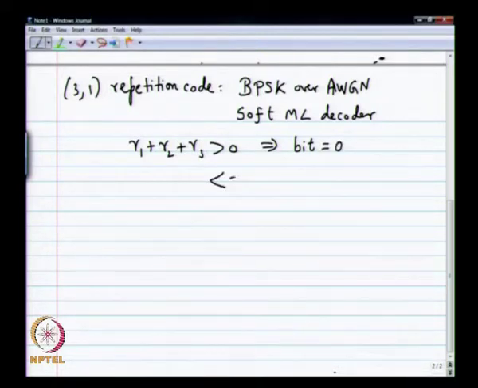Okay, if it is less than 0, it decides the transmitted bit is, well, the code word, let me say code word, because error correcting capability is defined with respect to the number of errors in the code word, right. So the code word was 000. In this case, it decides the code word is 111. Okay. So when you define error correcting capability, you need this notion of number of errors.